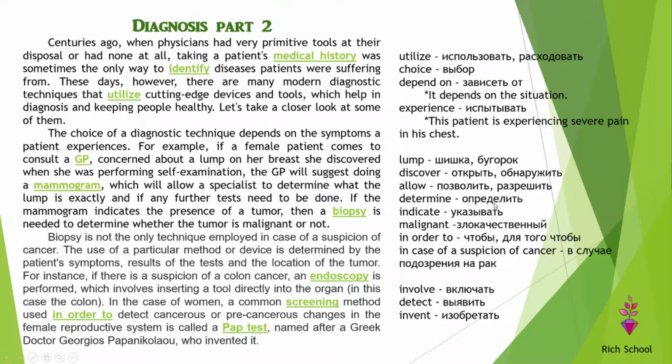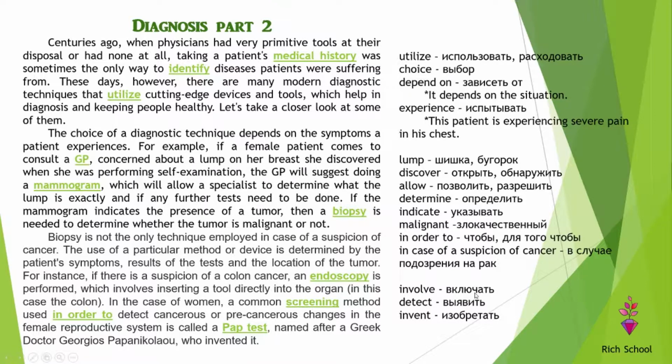Determine — определить. Indicate — слово есть в русском индикатор, как показатель, да? Indicate — это указывать, показывать. Malignant — злокачественный. In order to — это чтобы, для того, чтобы. In case — вообще слово in case of something — это в случае чего-либо. Здесь в случае подозрения на рак. Suspicion — это подозрение.